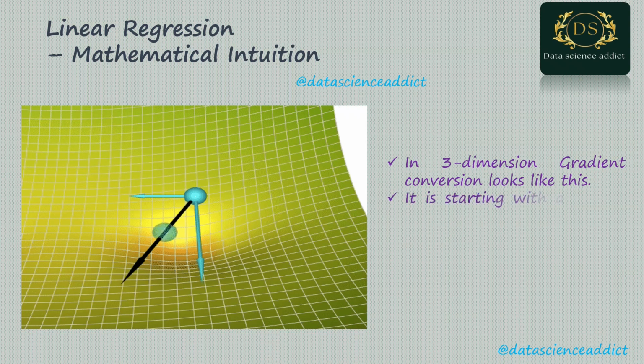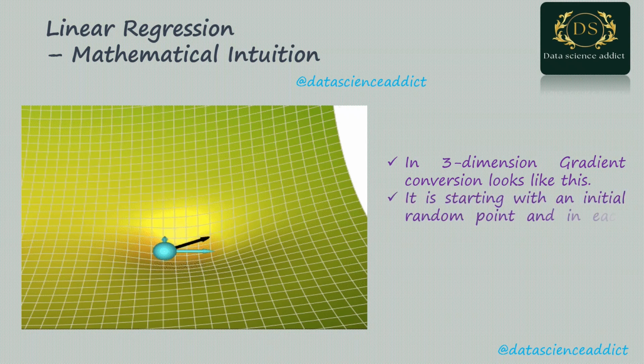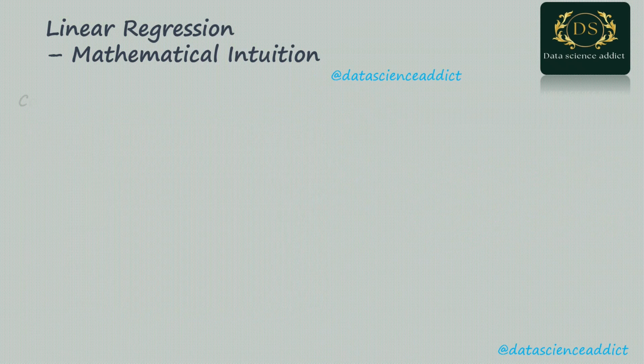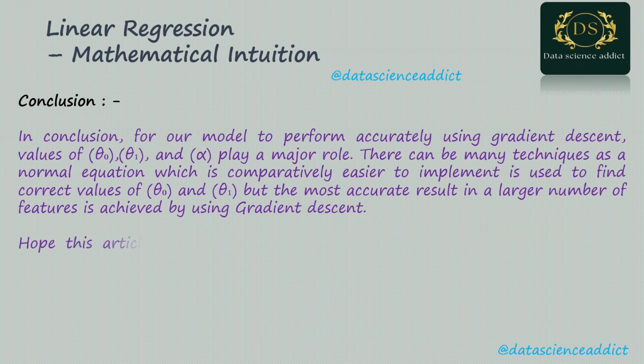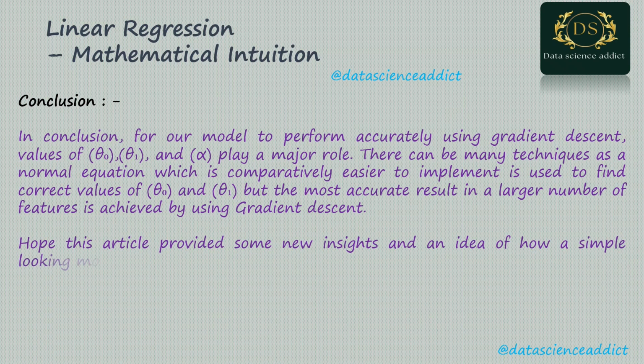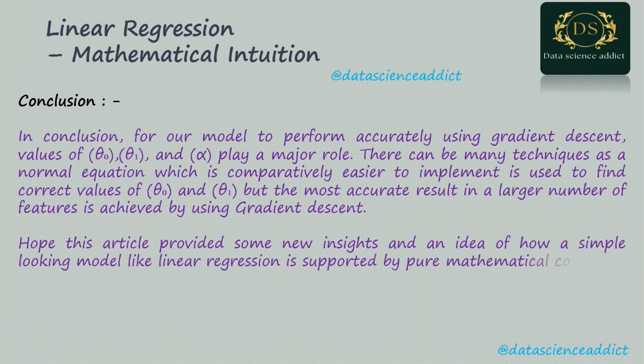Now for our model to perform accurately using gradient descent, the values of theta naught, theta 1 and alpha play a major role. There are many techniques, such as the normal equation, which is comparatively easier to implement, and is used to find the correct values of theta naught and theta 1. But the most accurate result with a larger number of features is achieved by gradient descent.